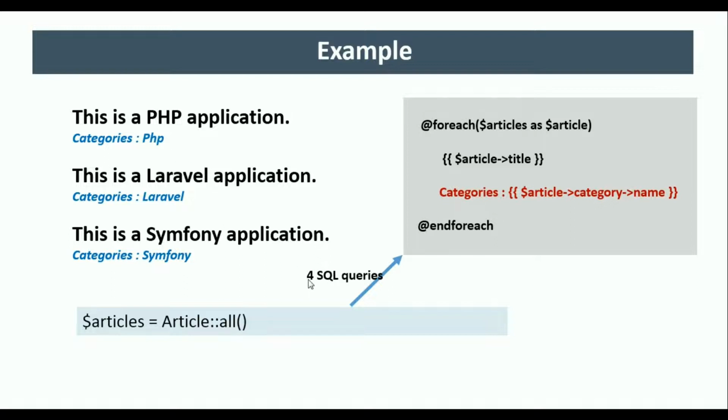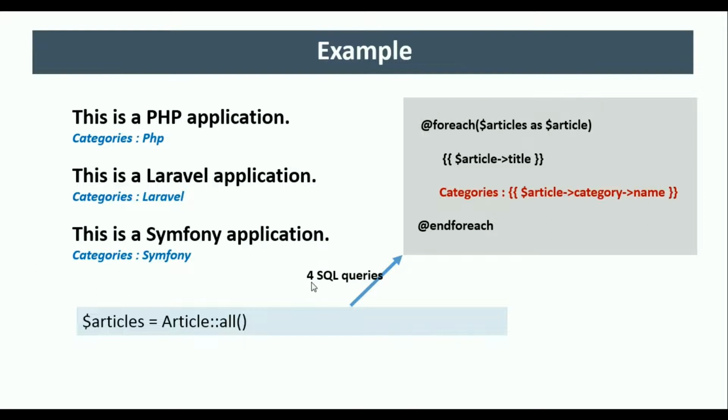How 4 SQL queries? One query to get all articles from the articles table, and for each article I have to execute a SQL query to get data from the category table. So 1 plus 3: 1 query to get all articles and 3 queries to get the categories. I have 3 items, so 3 plus 1 is 4. So I have to execute 4 SQL queries to get this data.